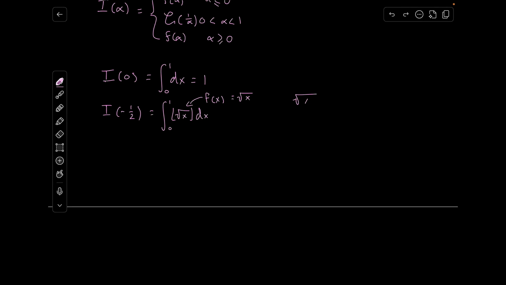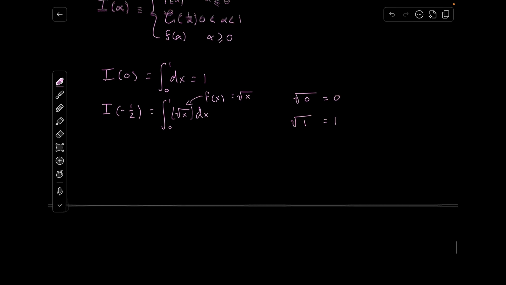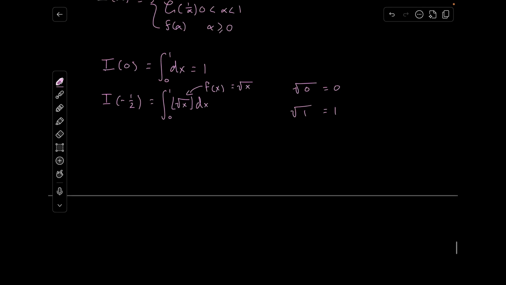So we have the square root of 0 equals 0 and the square root of 1 equals 1, right? If we're using the floor function here, we're always just going to get 0 because a single point, 1, doesn't have any measure, basically, which means that this is equal to 0.